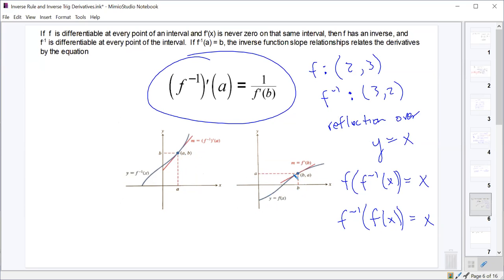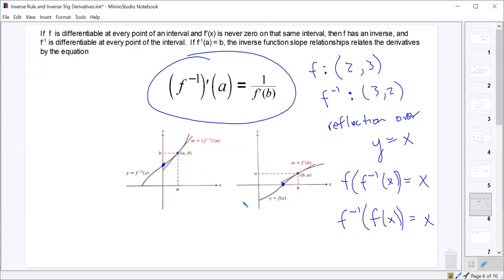It's rise over run. If we go from (a, b) to (b, a), supposing we started at this point right here that was our y-intercept and then went to (a, b), that slope would be the inverse of the slope from the x-intercept here to the point (b, a).